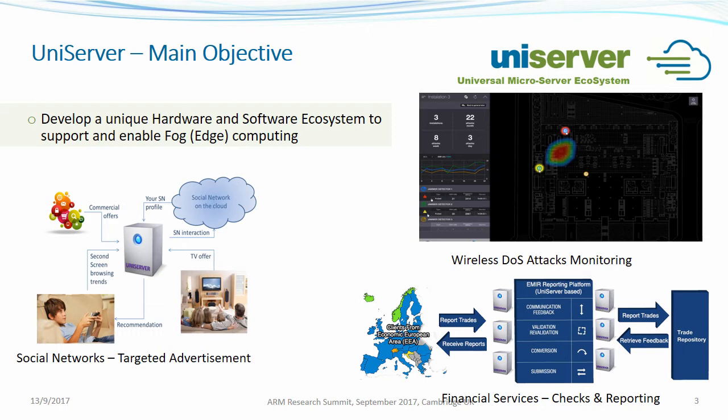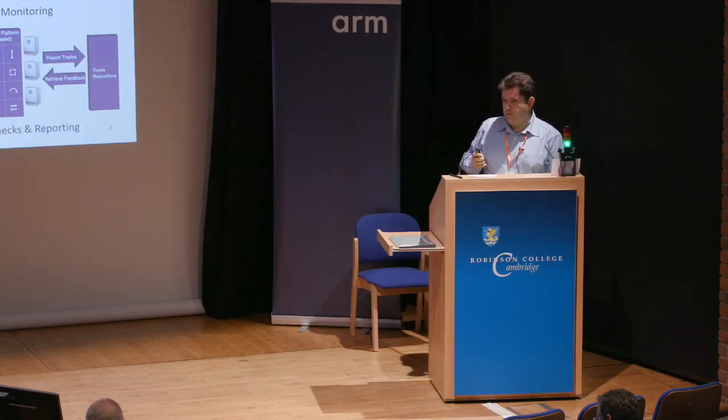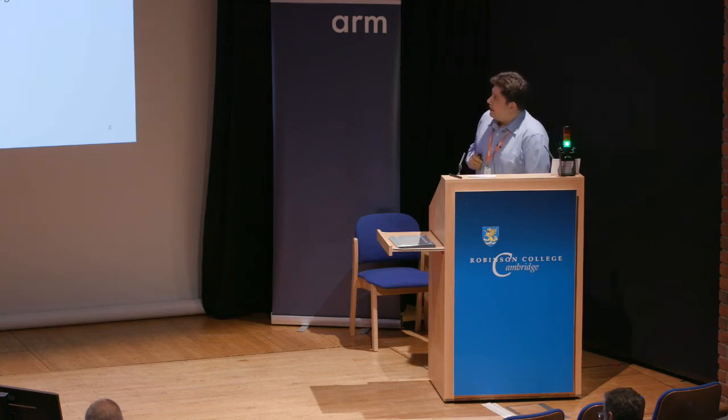You have a number of antennas in an area, and those antennas get data and feed it to the edge node, and the edge node tries to identify whether there is a denial of service attack going on. Of course, you understand that this is a good scenario enabled by edge computing. You could not do that otherwise.